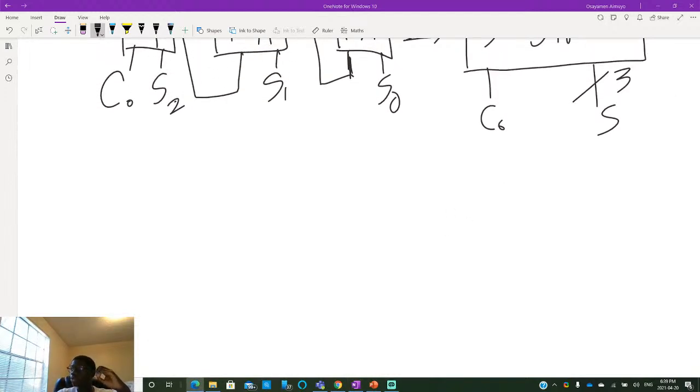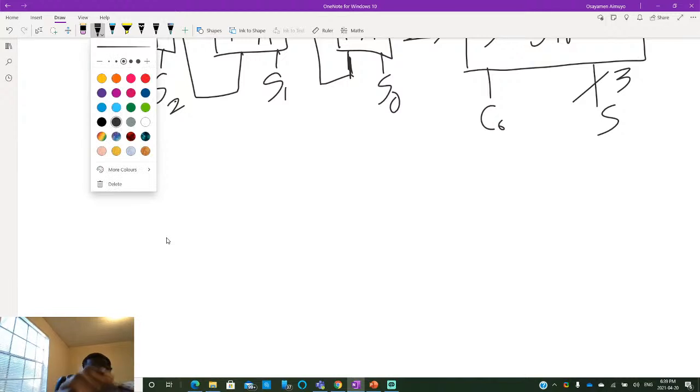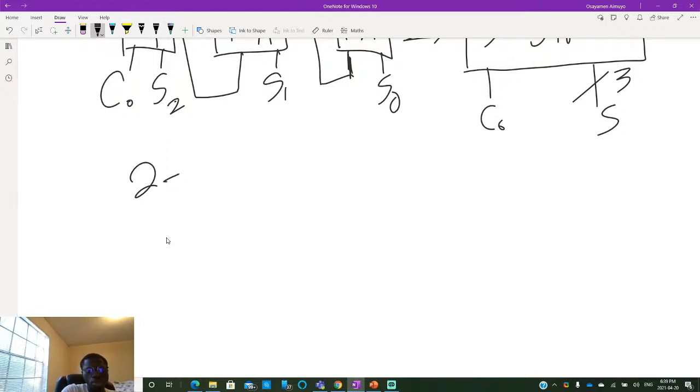You could use the direct method where you borrow, but that is very confusing and easy to make a mistake with. Hence why there is a different method, called two's complement, or using the two's complements.